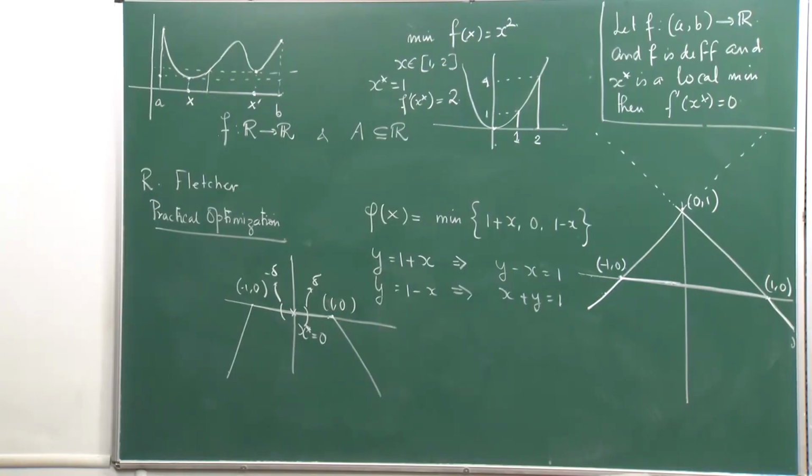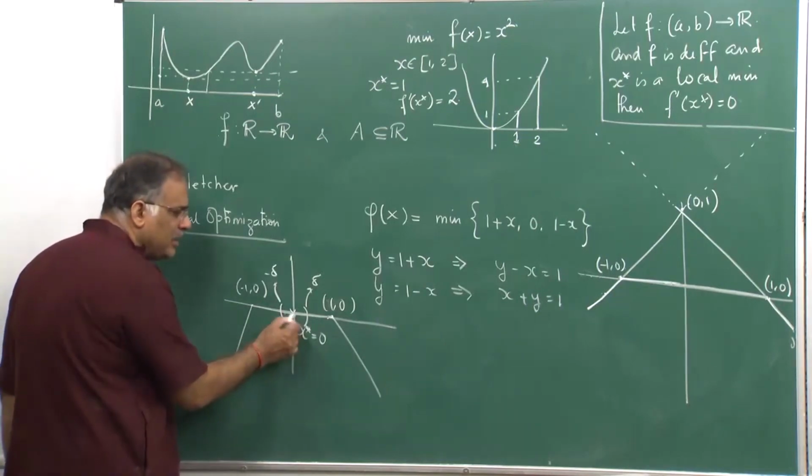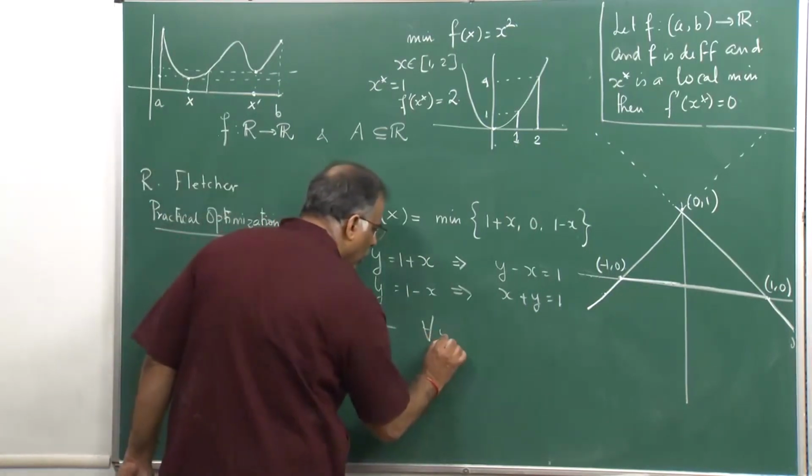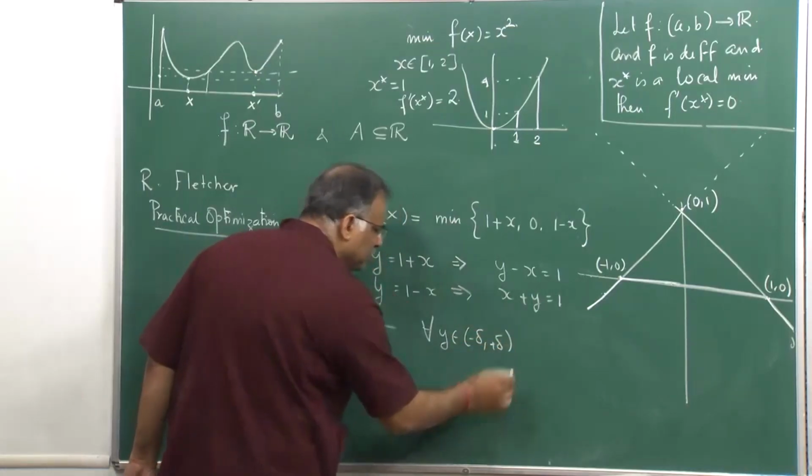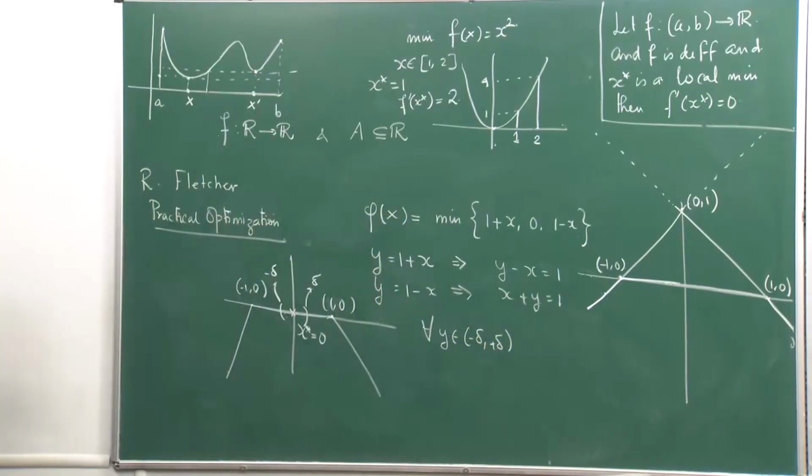Okay. Now, I want to tell you something very interesting here. Now, for whatever y I take in this interval, for all y element of minus delta to plus delta, what do I have?